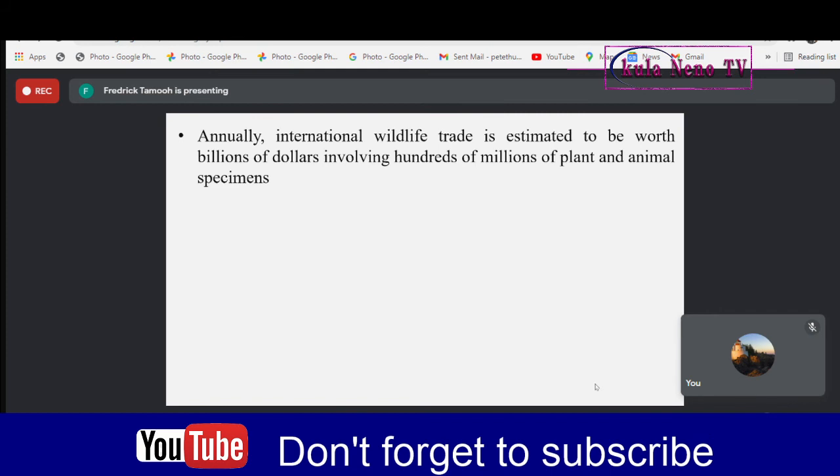Involving wildlife. The best known, of course, is the trade in ivory, the trade in rhino horns, and the trade in so many others. So that's why Kenya is a party to CITES, so that we continue protecting what we consider to be endangered in our country.